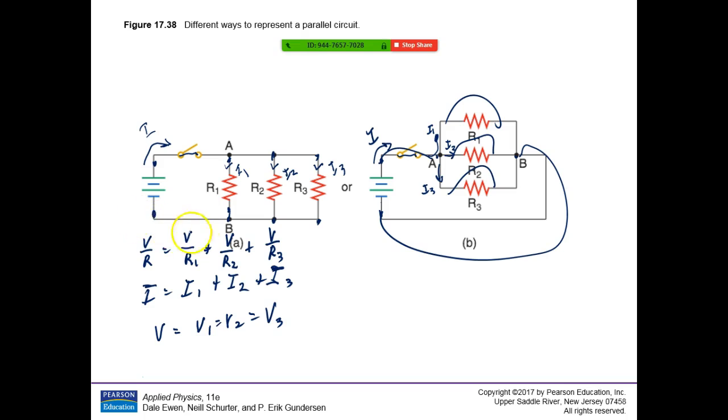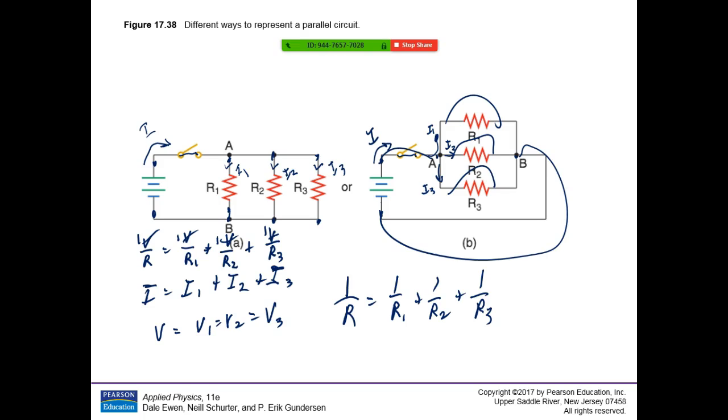And if you factor out the voltage, because they're all the same, those just become ones. So here's the relationship for your resistors. In a parallel circuit, 1 over the total or effective resistance is equal to 1 over R1 plus 1 over R2 plus 1 over R3.